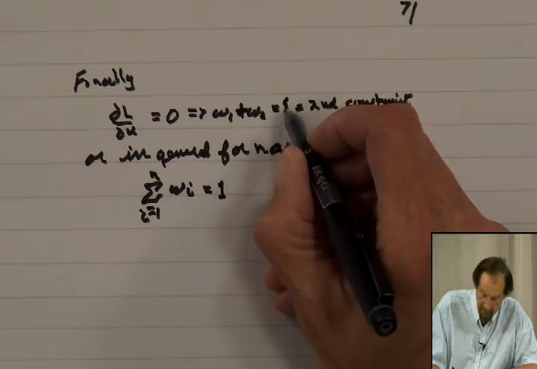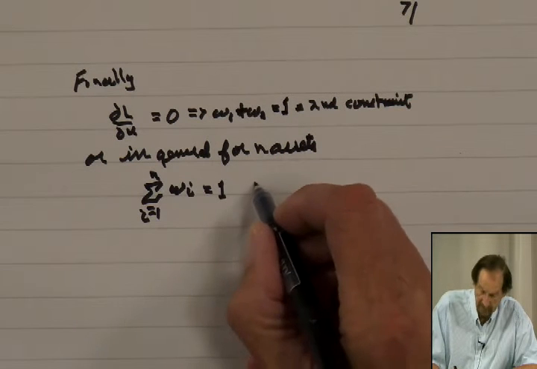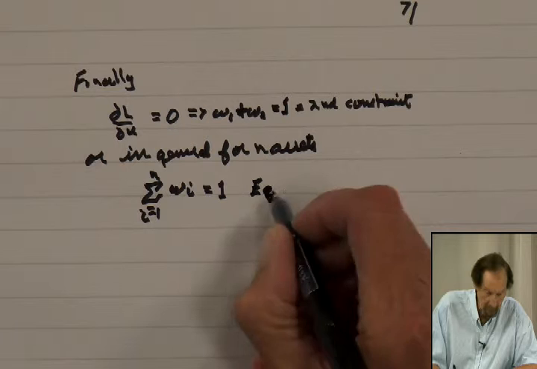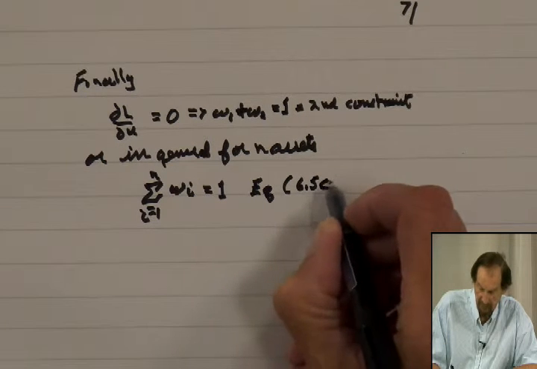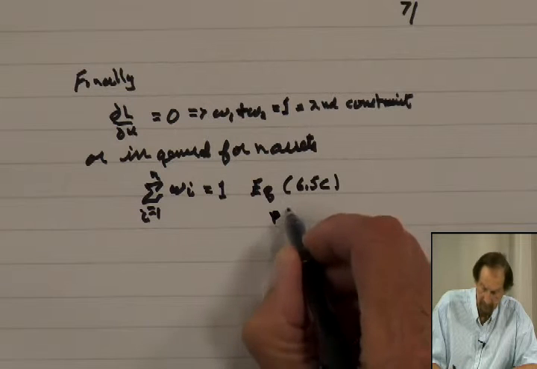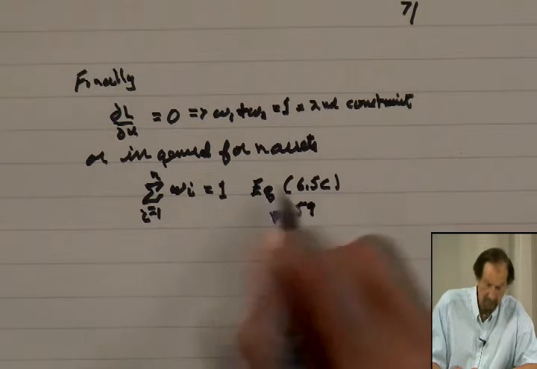And this is equation 6.5c, again on page 159.